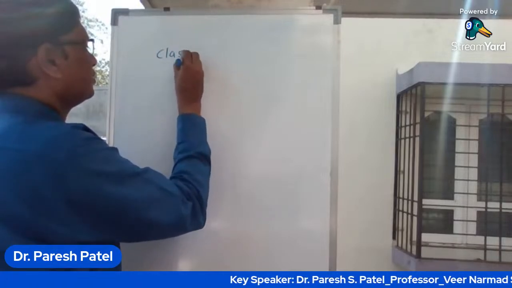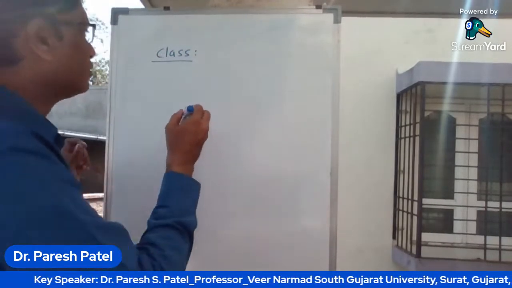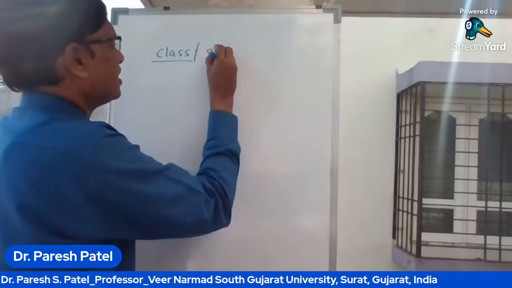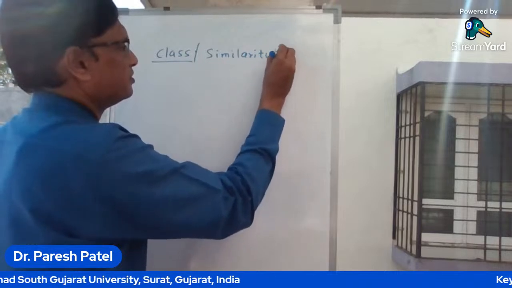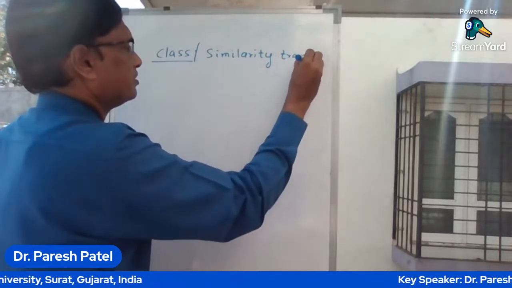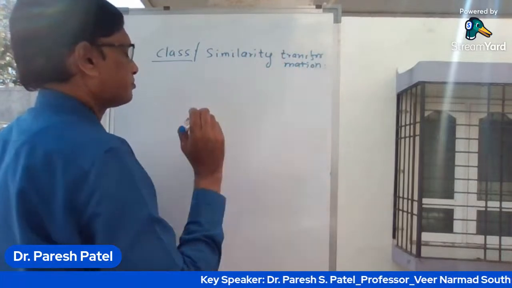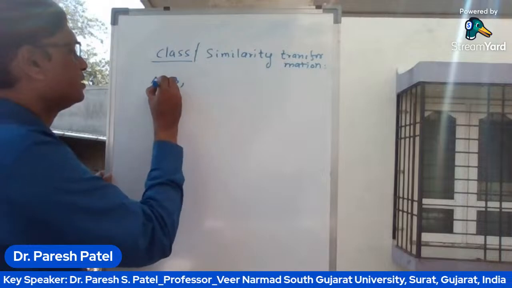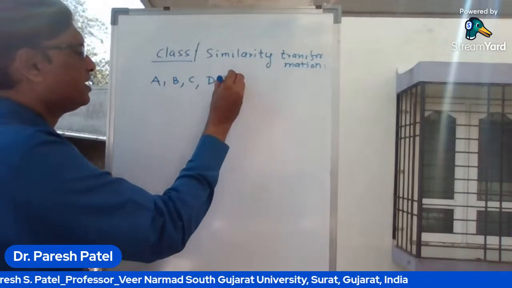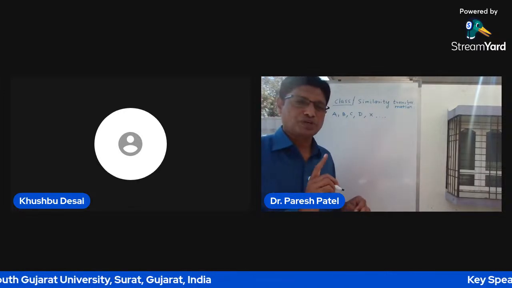Now the next title is how to find the class, or how to go for the similarity transformation. Suppose A, B, C, D, X are the symmetry elements of a particular group.